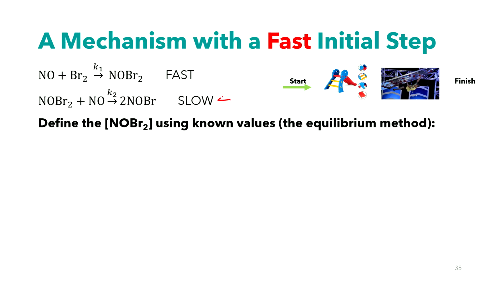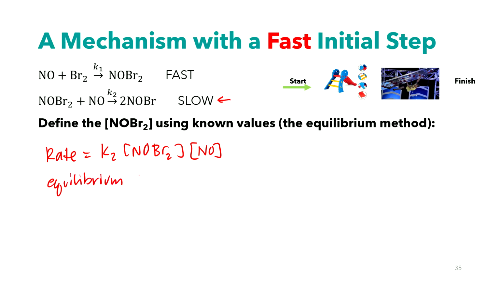So from the slow step, we wrote that the rate equals k2 times NOBr2 times NO. And then using our equilibrium method from the last slide, we applied that to our fast step. Now we can say that the concentration of that intermediate is equal to k1 divided by k minus 1 times NO times Br2.